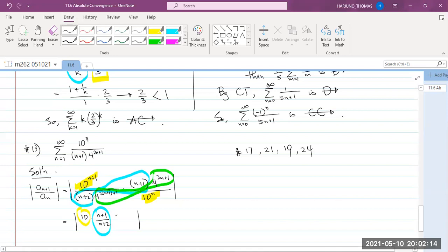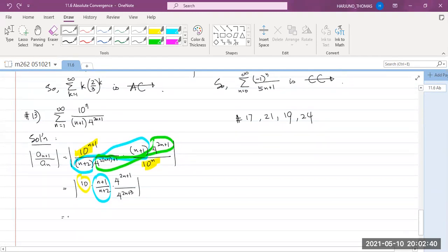Let's write it down first. So this will be 4 to the 2n plus 1 on the top, and at the bottom we have 4 to the 2n plus 3. Is it right? Which will give me, I don't need the absolute sign anymore. That will be 10 times n plus 1 over n plus 2, times 1 over 4 squared, which is 16.